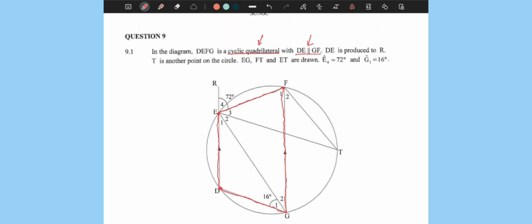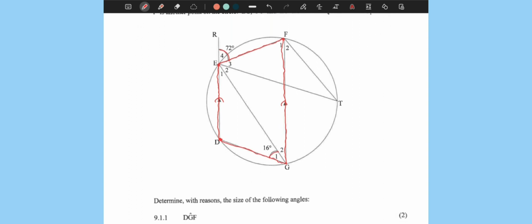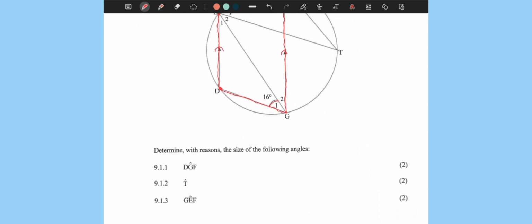That's it. The lines that are parallel here, you can see we are given this and this, they are parallel. The angle given as 72 here is E4, and G1 is this 16 degrees. So let's go and see what they're precisely looking for.